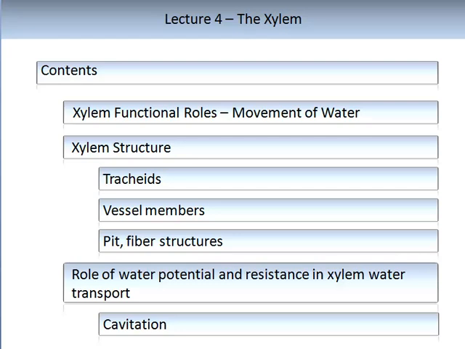We will look specifically at the triads and the vessel members, as well as the pit and the fibre structures, and how these work together to move water up through the plant. The role of water potential, resistance and tension is essential in the xylem water transport mechanism, and we will review this. There are issues with water moving under tension which lead to a biological phenomenon called cavitation.